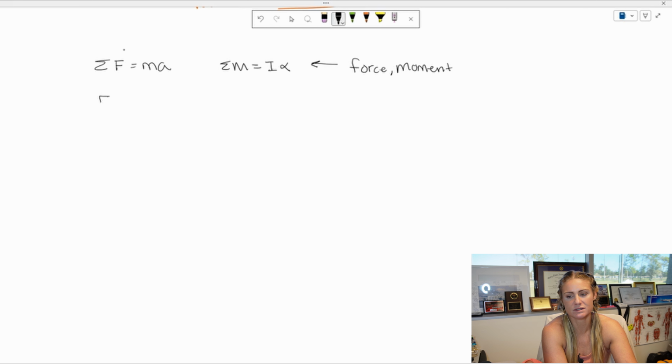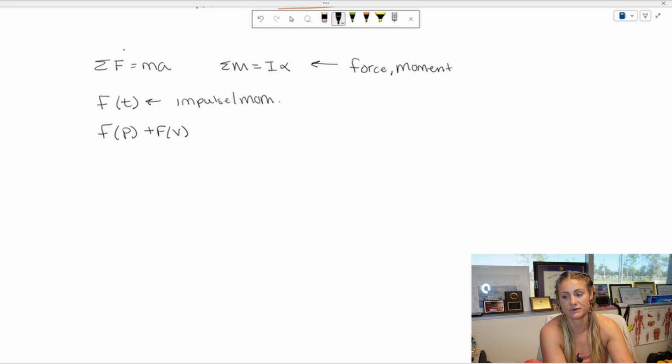Say my force is some kind of function of time, I'm going to want to pull out impulse and momentum. If my force is a function of position, or a function of velocity, I'm going to run to work and energy.